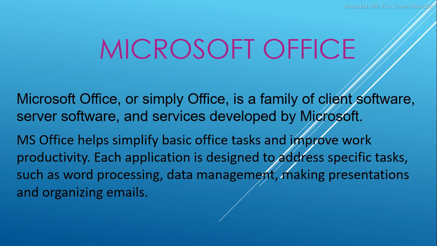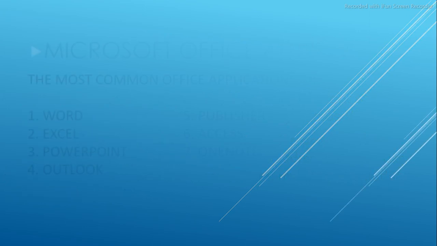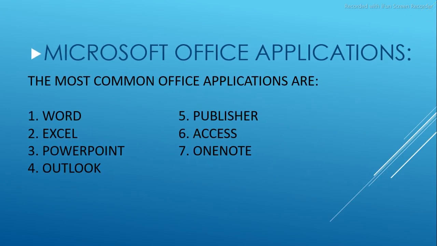So with this in mind, let's break down all the applications of Microsoft Office. Microsoft Office has several applications. The main ones include Word, Excel, PowerPoint, and Access. These are the mainly used, including Publisher.